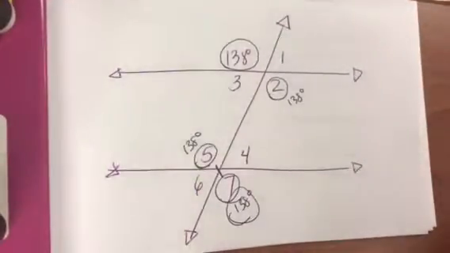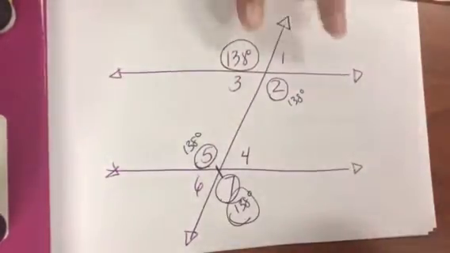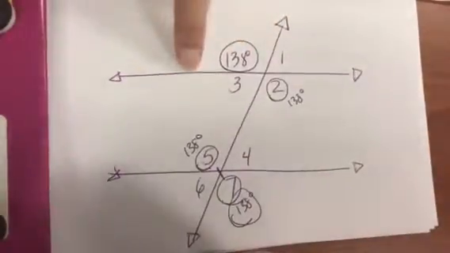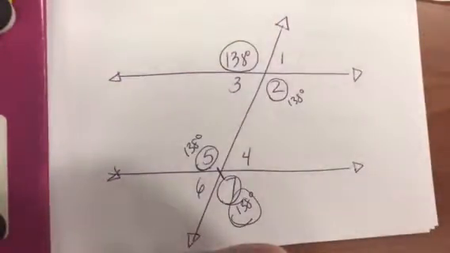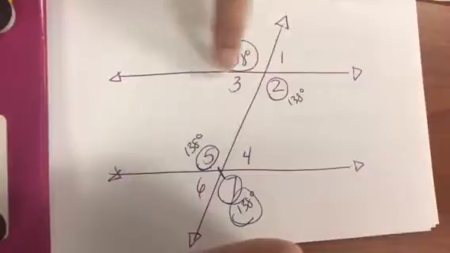Now that we've found our corresponding and vertical angles, let's also look at our straight angle. What was a straight line? A straight angle is 180 degrees, which is supplementary angles. Supplementary angles are the two that create a straight line, which is 180 degrees.